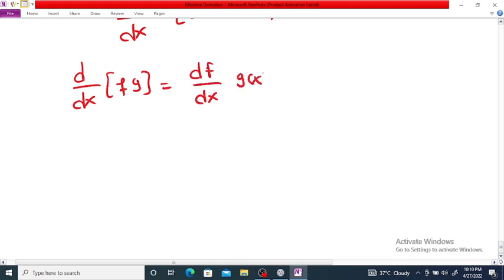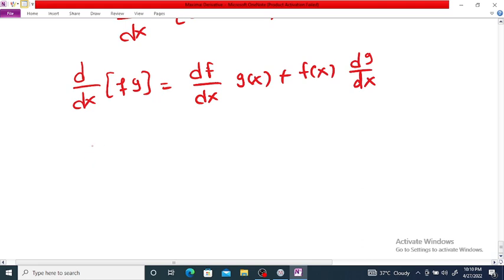Next you can take a derivative of multiplication also. So d by dx of f into g of x is equal to derivative of f of x into g of x plus f of x into derivative of g of x.